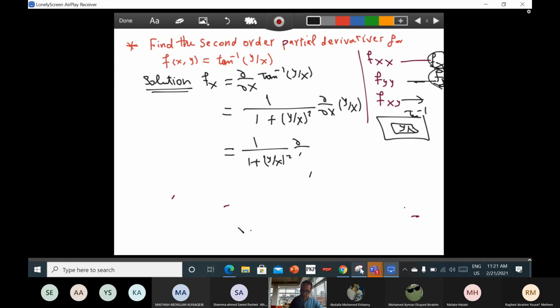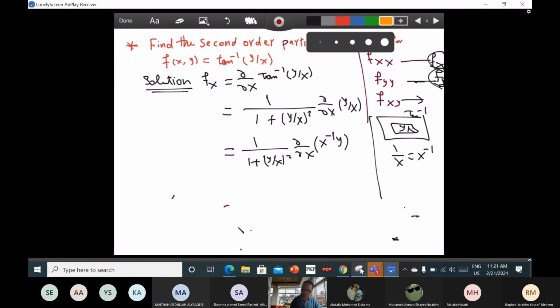It is better to deal with this one as x inverse y, because I have 1 over x is exactly x to the minus 1, right? So it is easy to deal with this one, right? Now I'm going to differentiate with respect to x.